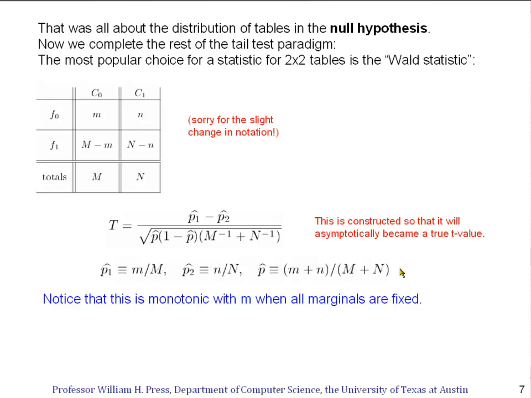Then we do the corresponding row probabilities separately for each column. In other words, m over capital M and n over capital N. And those are P1 and P2. Now, under the null hypothesis, P1 and P2 should be estimating the same probability as p hat, because under the null hypothesis there's no association between the rows and the columns.